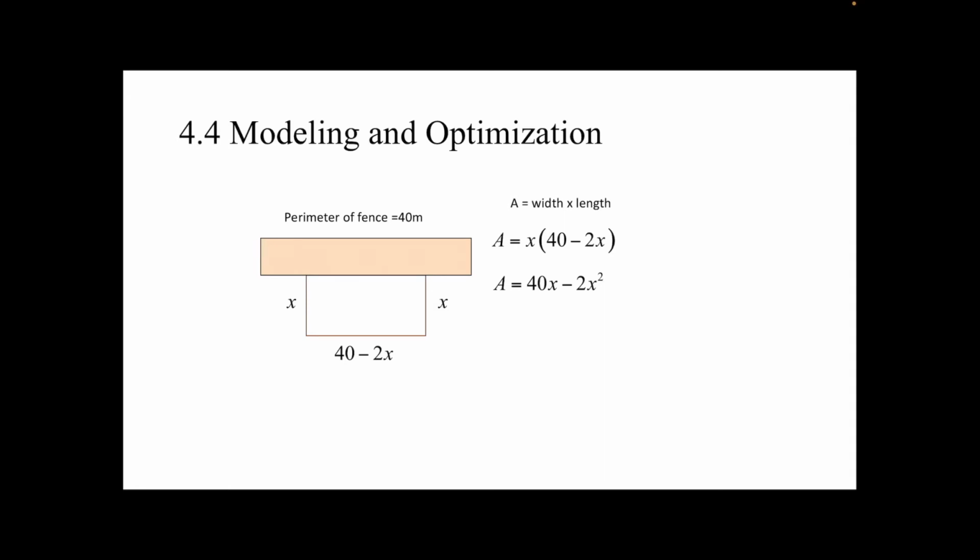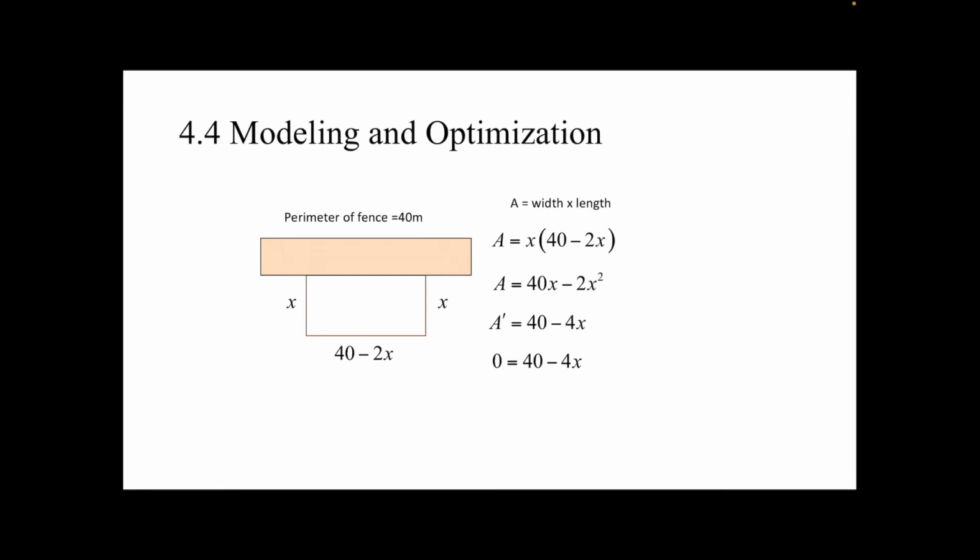Okay, so to find my maximum area, I derive my equation for the area. This gives me 40 minus 4x. From here, I'm going to put my equation equal to 0 and solve for x when we have a maximum area.